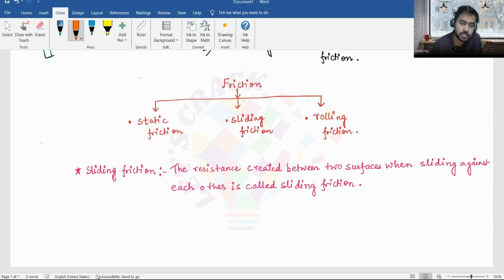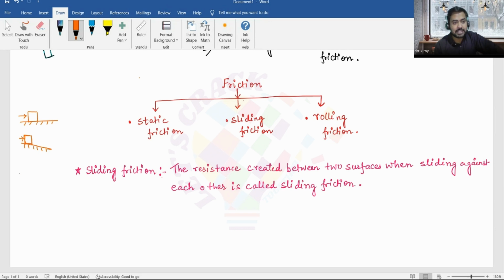Now if I talk about the three cases, suppose this is a body on a surface of contact, and I am applying a force. This body is at rest, so it is known as static friction. If the body is sliding over the surface, this is known as sliding friction.